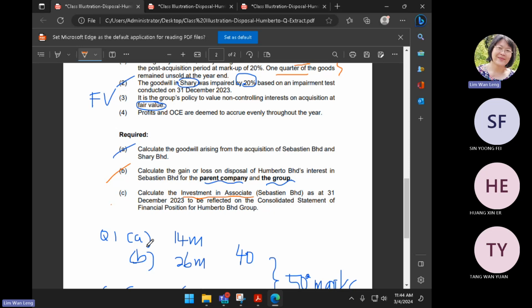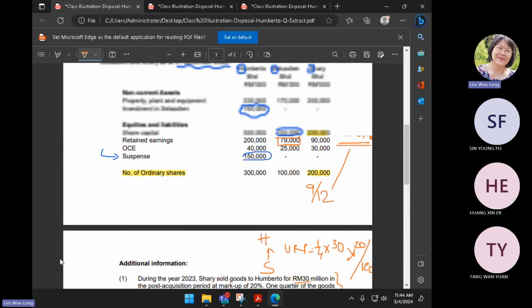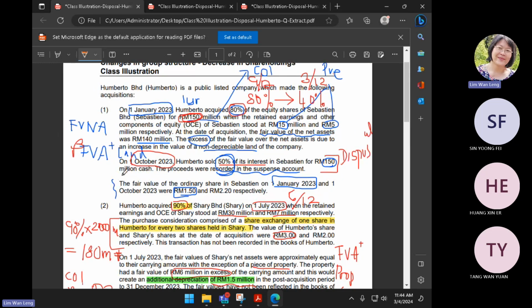There were still another how many months towards the year end? Another 3 more months. 1st October 2023. So October, November, December, you still have to calculate how much is the share of the post-acquisition in Sebastian as an associate.